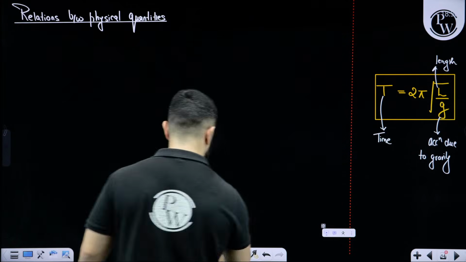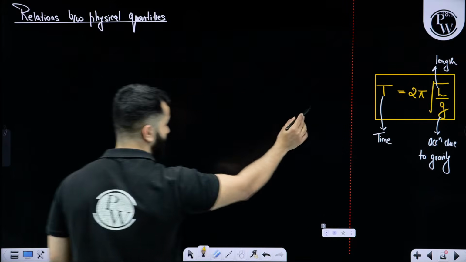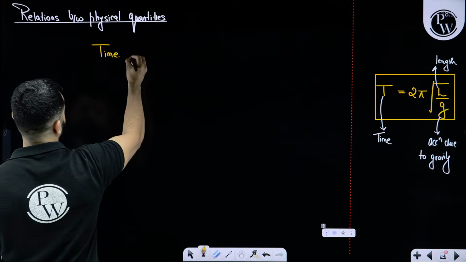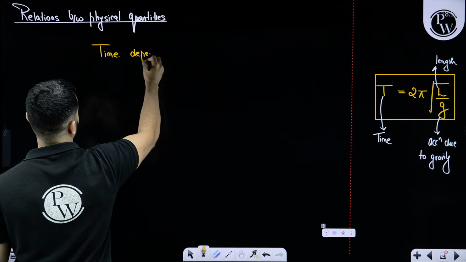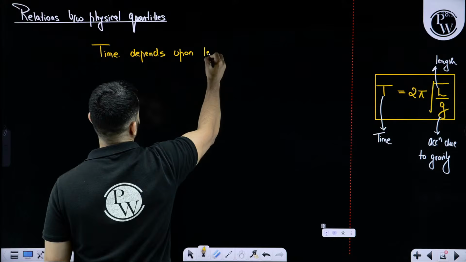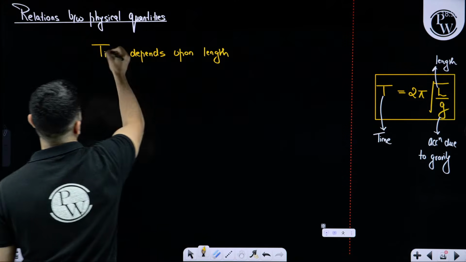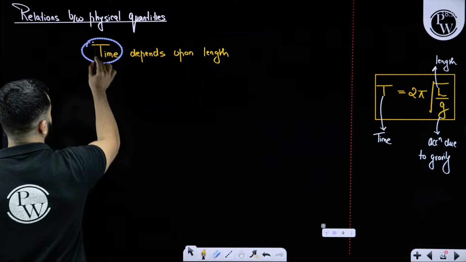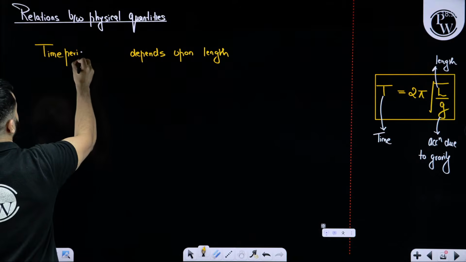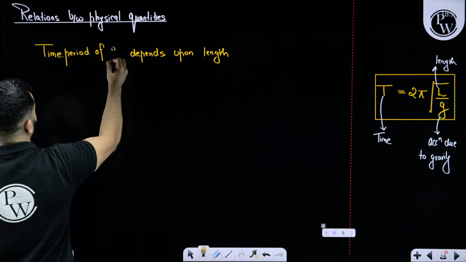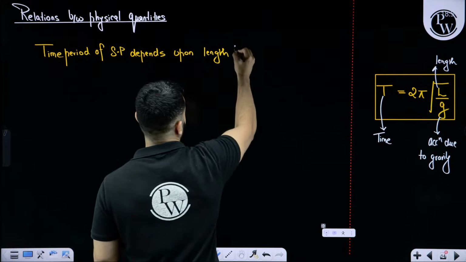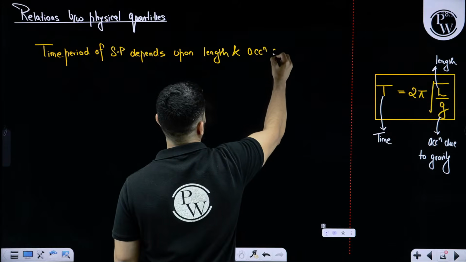But let's suppose someone is saying that time period of a simple pendulum depends upon length and acceleration due to gravity.